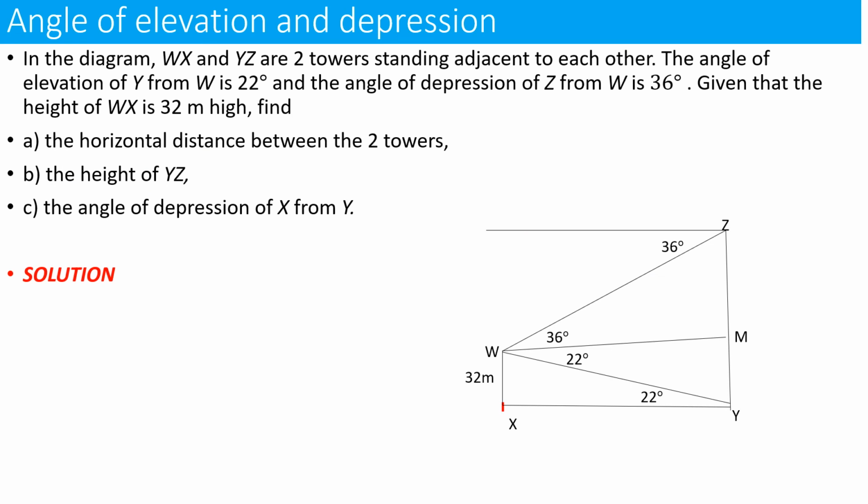Okay, we are still under the application of trig, angle of elevation and depression. So let's look at this question. In the diagram, WX and YZ are two towers standing adjacent to each other. So this is WX, YZ, they are towers, so they are facing each other.